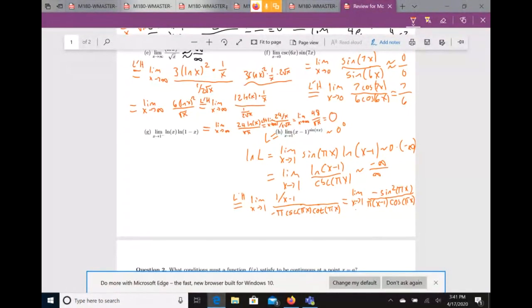Okay, so this might look like a big step from one to another, but I'm just writing the cosecant and the cotangent in terms of sine and cosine, and then just using the rules for fractions, right?